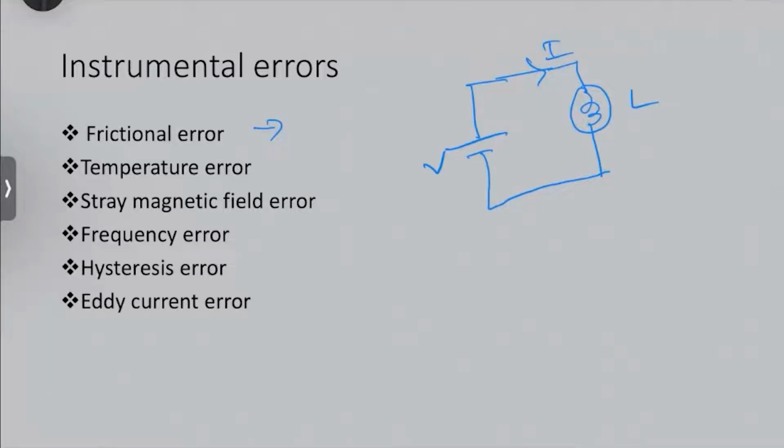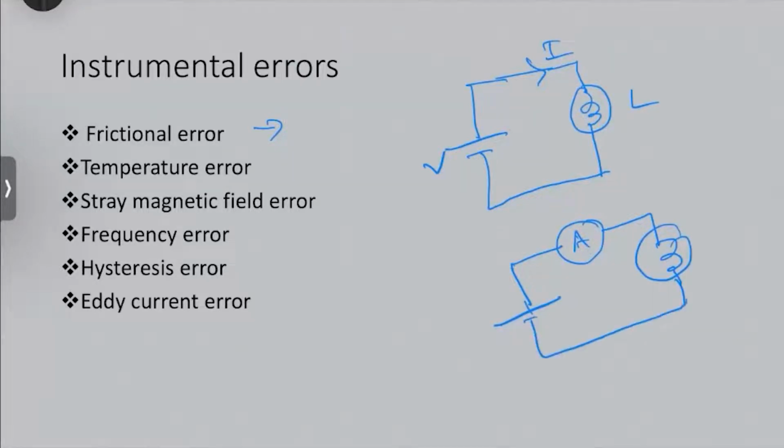So for measuring current, we need to connect an ammeter in series with the load like this. Whatever current is flowing here, the same current will flow through the ammeter also. That's why it is called a series connection. Now we have satisfied the series connection for measuring the current.